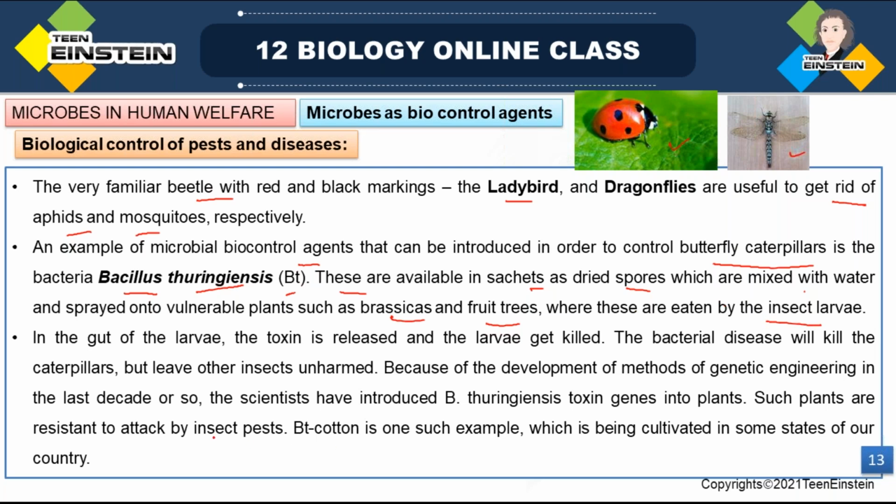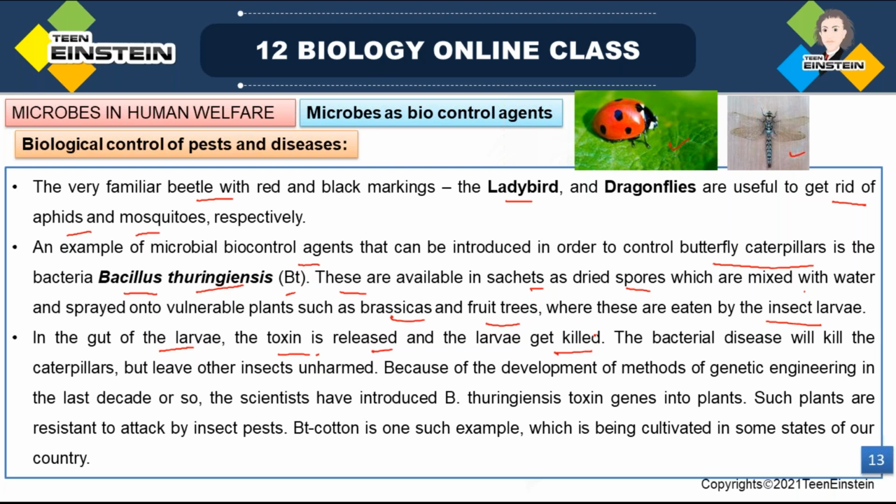Okay, when the insect larva eats this, in the gut of that larva the toxin will get released, and that larva will get killed. Okay, that time that larva will die.